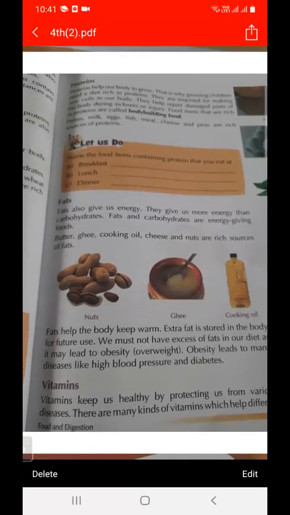And fat, as we know, gives us more energy to do work. Fats and carbohydrates are the energy giving foods.